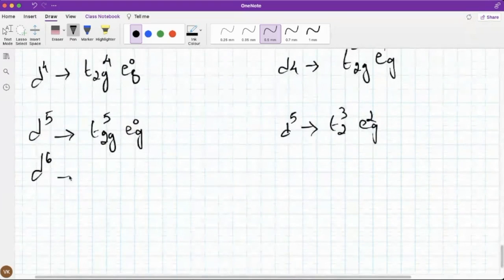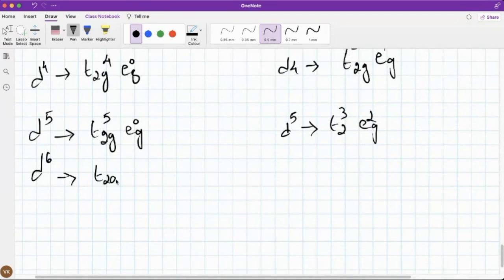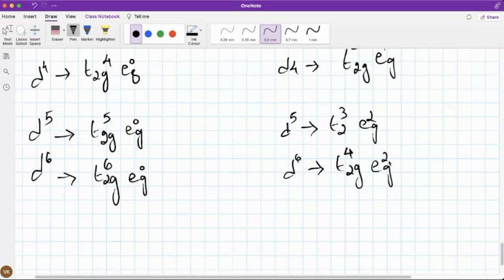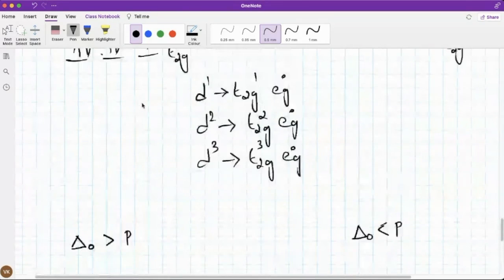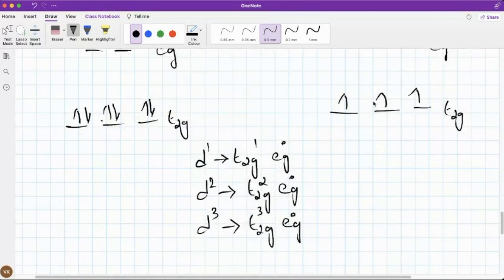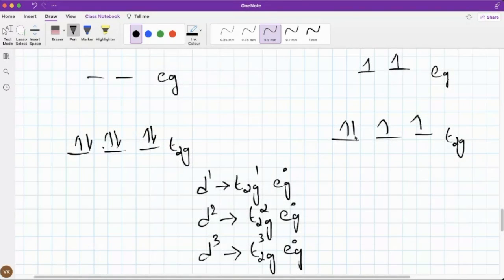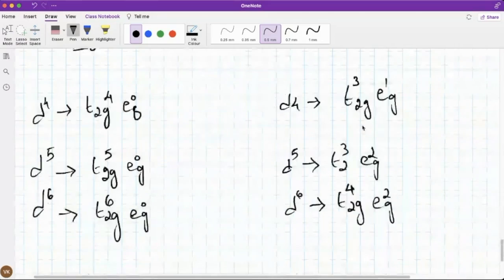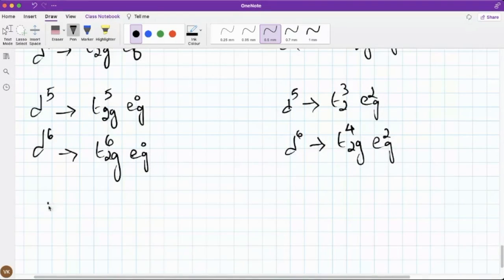Now I go for D6: T2G6, EG0 here, and T2G4, EG2 here. The sixth electron comes, now it's all filled, so it will go to T2G and get paired.